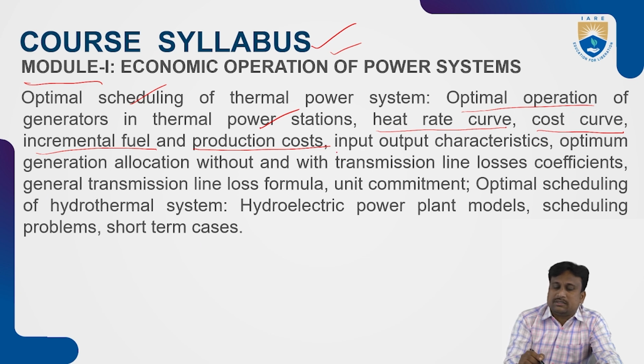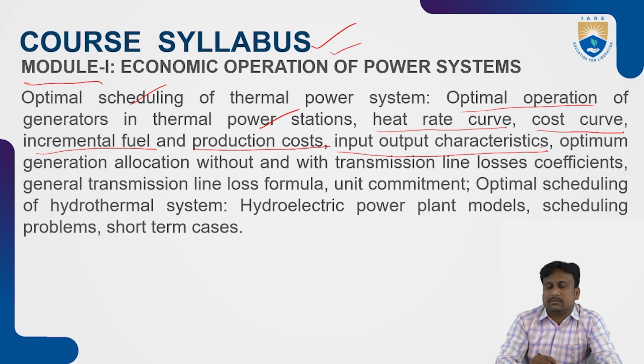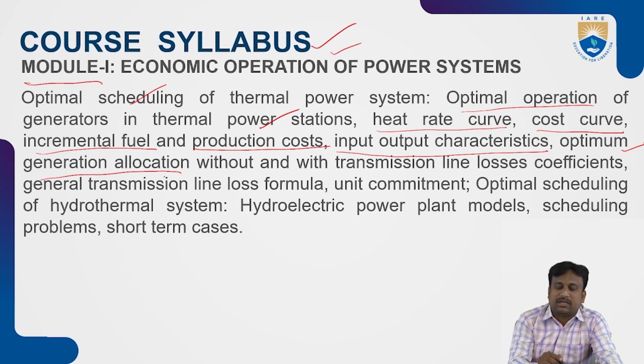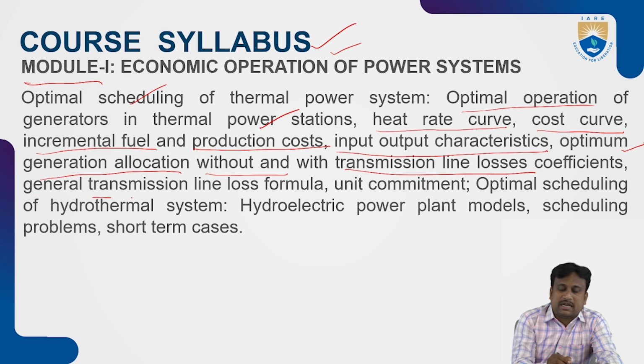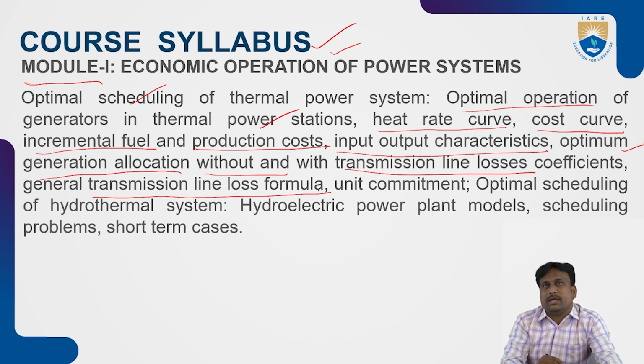And these are analyzed with input and output characteristics. Here it should be designed with optimum generation allocation. So these are to be one of the constraints, without and with transmission line loss coefficients. Here we will introduce the general transmission line loss formula. One of the methods is called unit commitment.